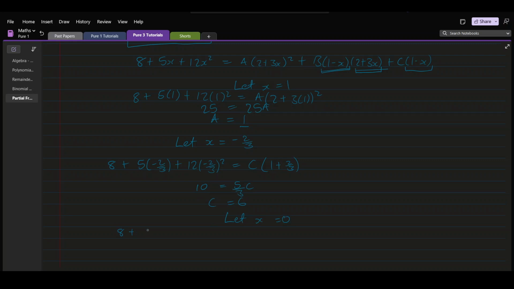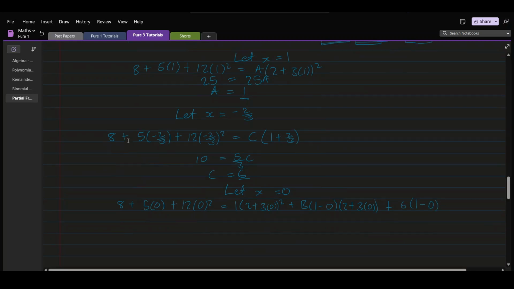That's 8 plus 5 times 0 plus 12 times 0 squared is equal to a. So we already evaluated a, and a is 1. So that's 1 times 2 plus 3 times 0 squared plus b times 1 minus 0 times 2 plus 3 times 0 plus c, which we evaluated to be 6, times 1 minus 0.